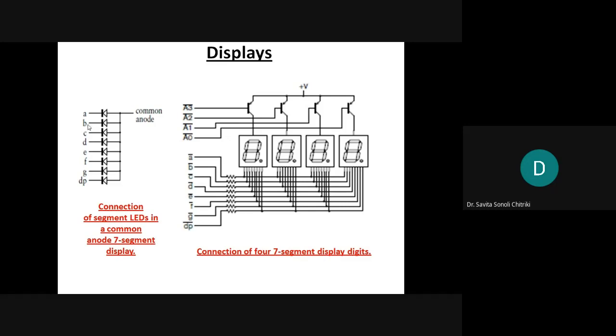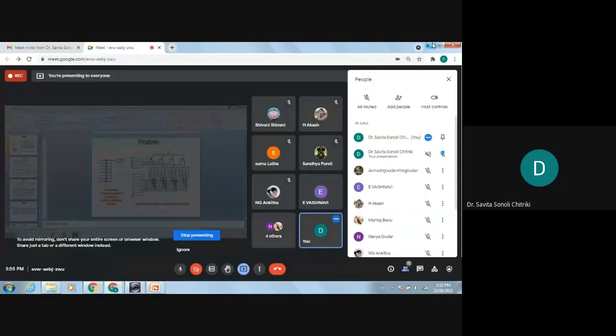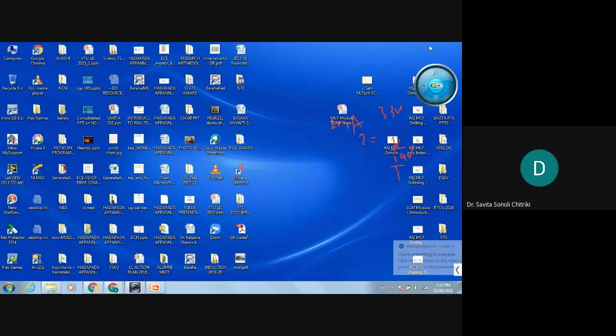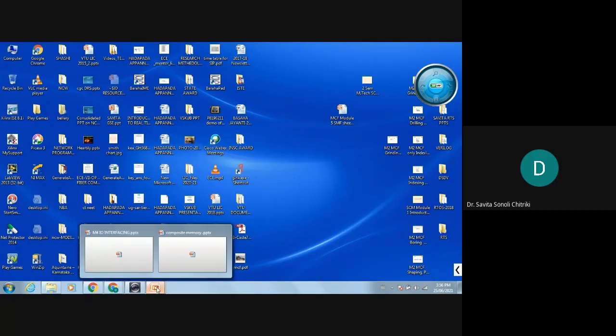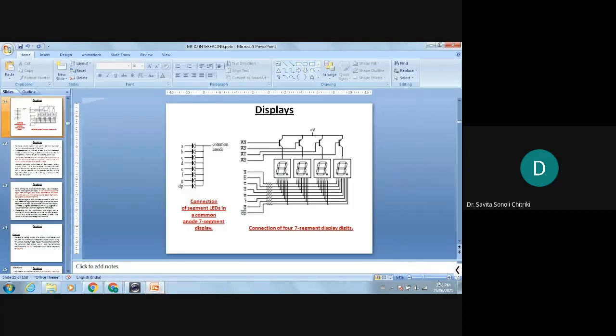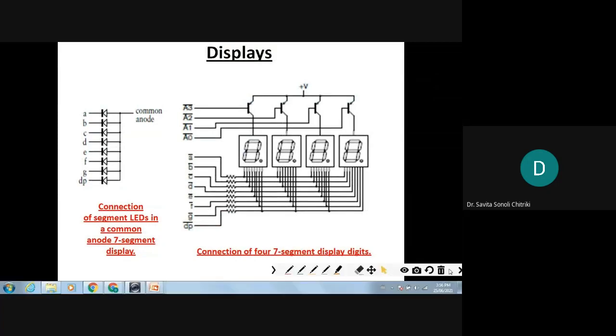If it were common cathode, all of this would have been different. What is happening? Getting activated. In common cathode, all the cathodes will be connected together, right?